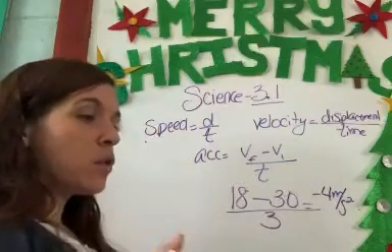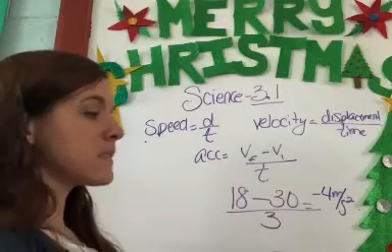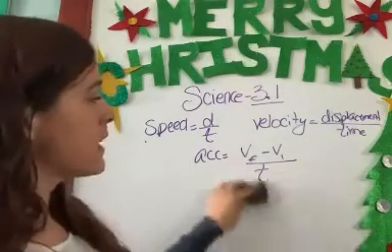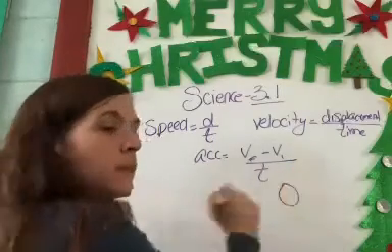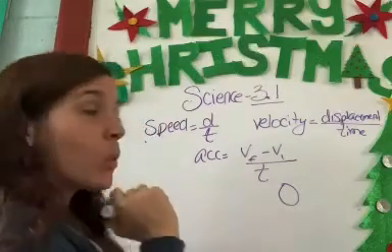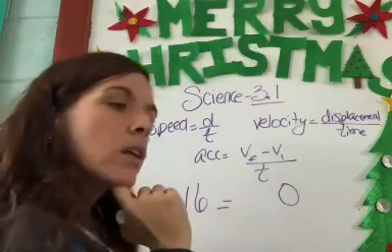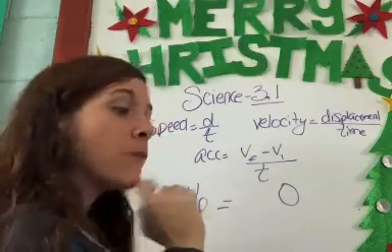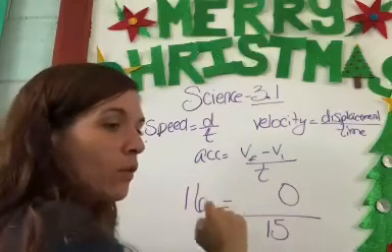Okay? Then if you look at example 3.4, if an aircraft starting from rest, that's 0, that's your initial velocity when it says rest, accelerates at 16 meters per second squared, that's going to be your acceleration, for 15 seconds, that's your time, what is its final velocity?